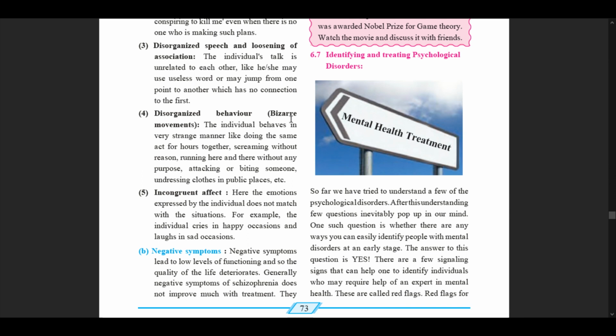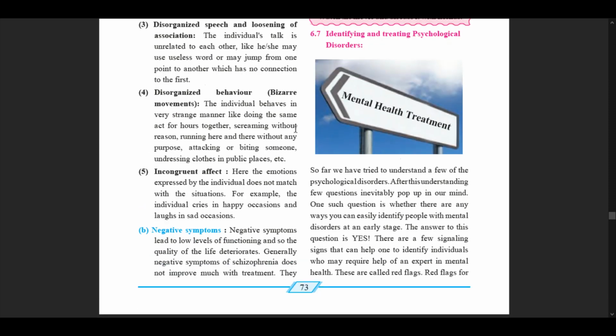Then we move forward to the next type of symptom, that is negative symptoms that would come up in a schizophrenic patient. Negative symptoms lead to low levels of functioning, and so the quality of life deteriorates. Generally, negative symptoms of schizophrenia do not improve much with treatment.